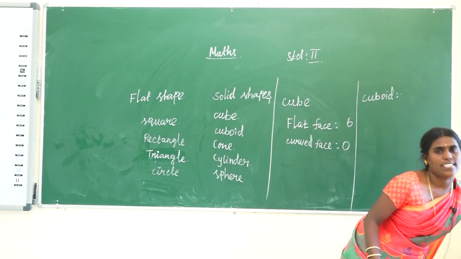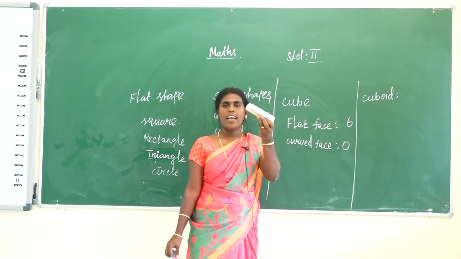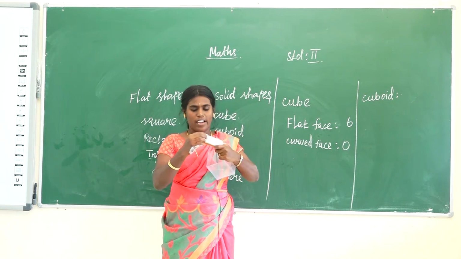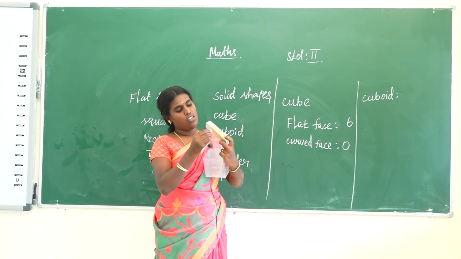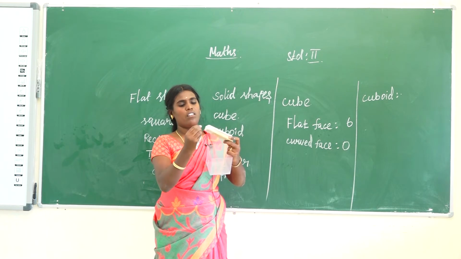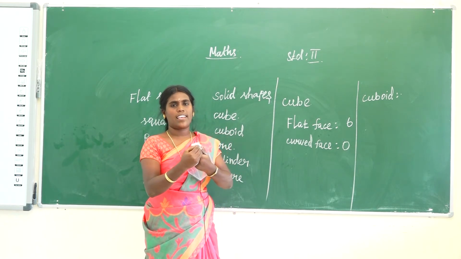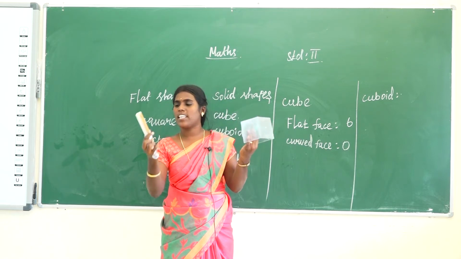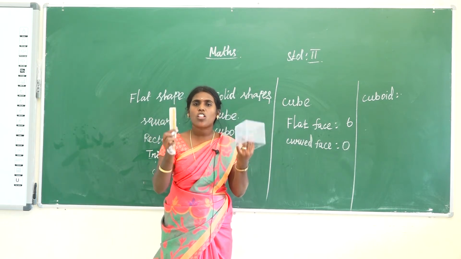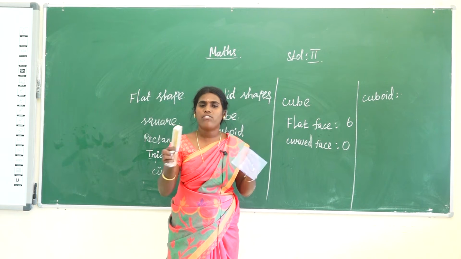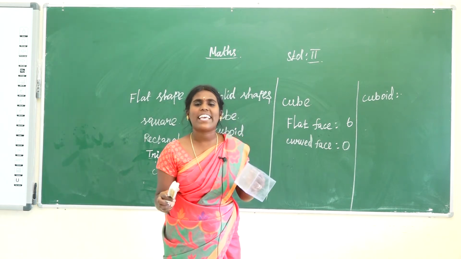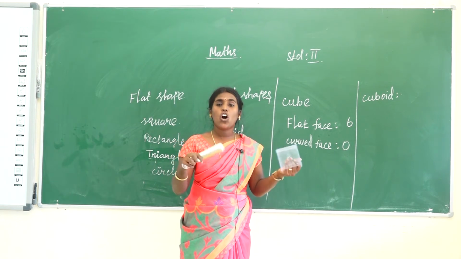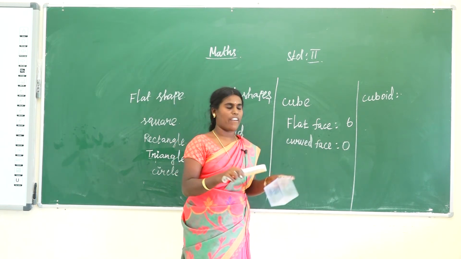An example of a cuboid is a duster. This duster is a cuboid. So how many faces are there? 1, 2, 3, 4, 5, 6. So same as the cube. Both have 6 flat faces and both have no curved face.